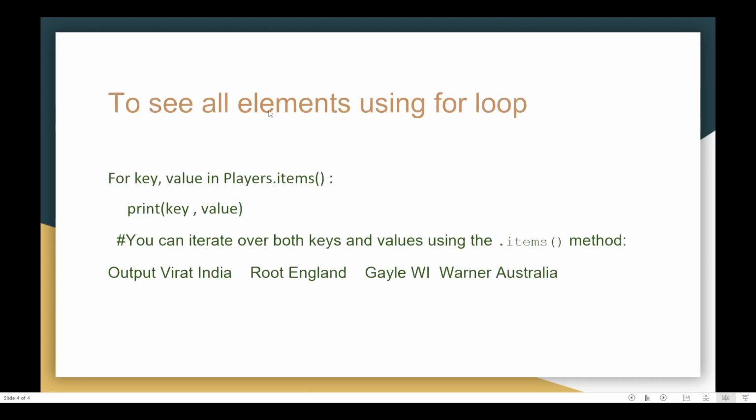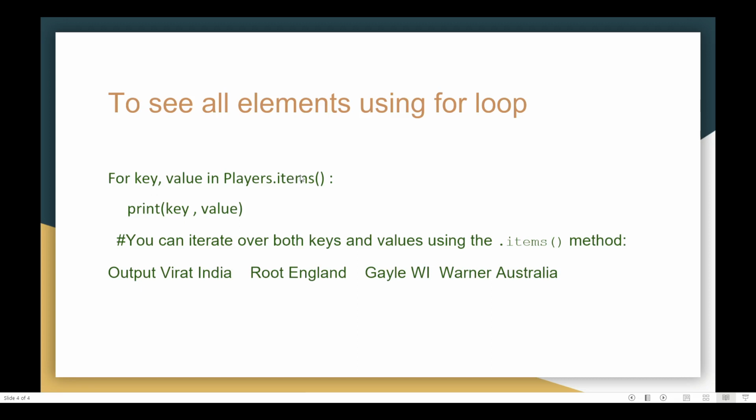What if we want to see all the elements inside the players variable? For that we will use a loop, which is a for loop. So we will simply write for key and value, because we need both the key and value, in players dot items.